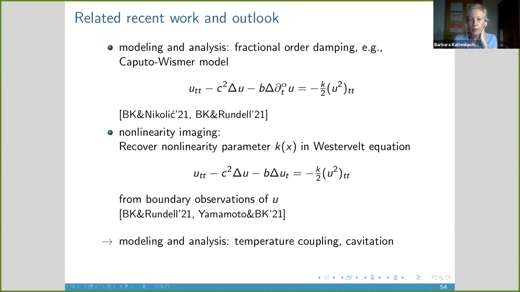Since it's about nonlinear wave propagation, one cannot just use the usual ultrasound imaging methods, but one needs to do it via the PDE, where this K appears as a coefficient. We also have recently done some preliminary initial work on this.